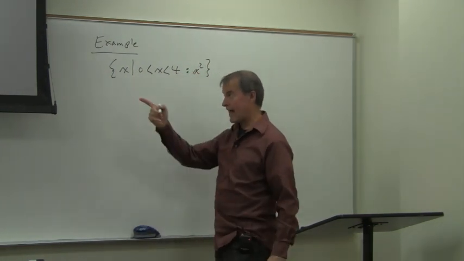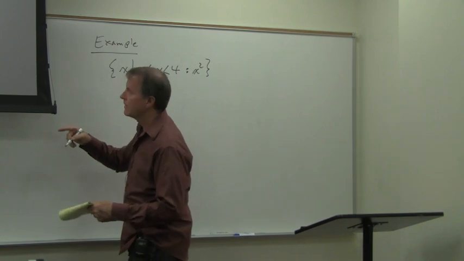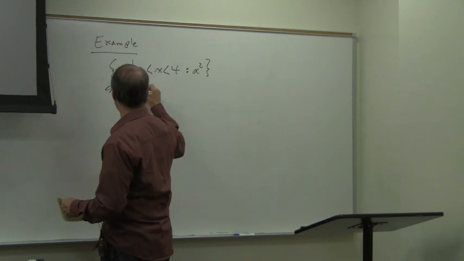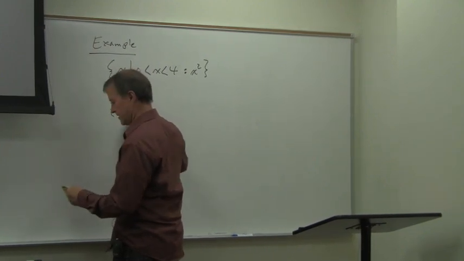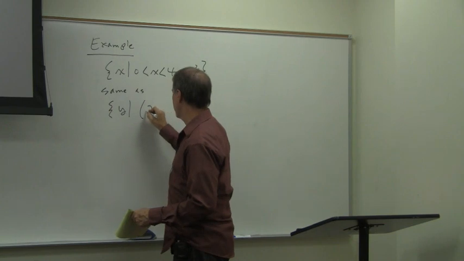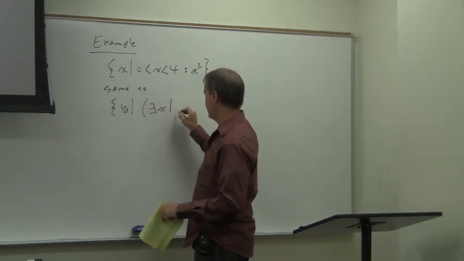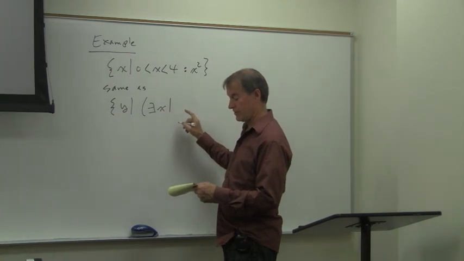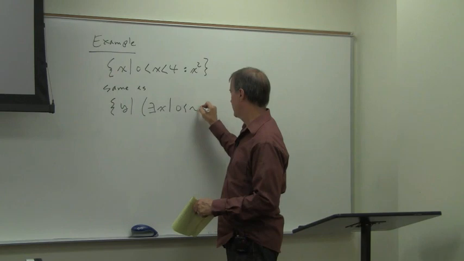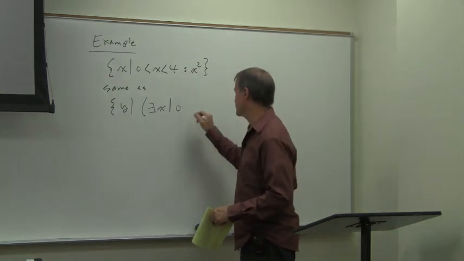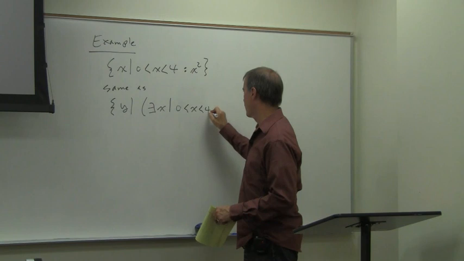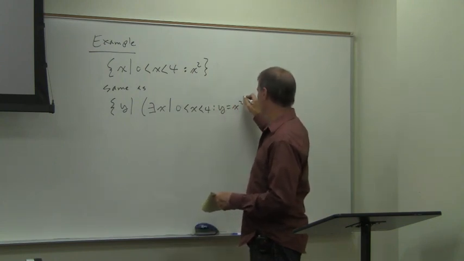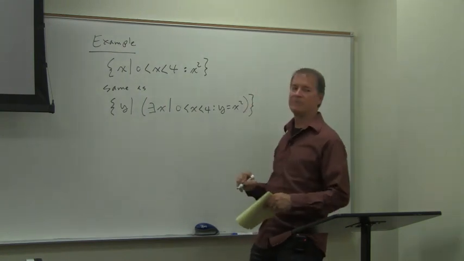By 11.6, this is the same as the set over Y, range, there exists an X, range 0 less than X less than 4, body Y equals X squared.